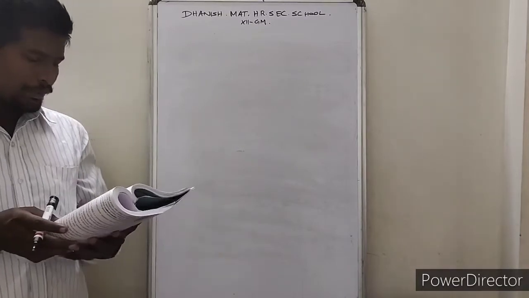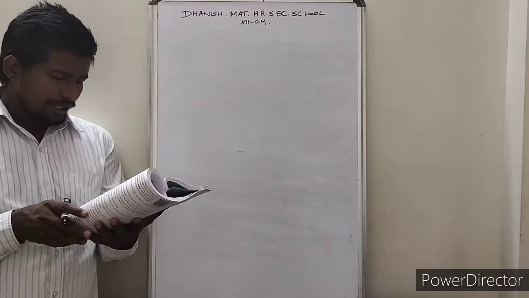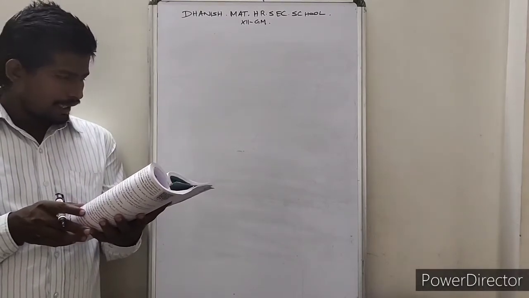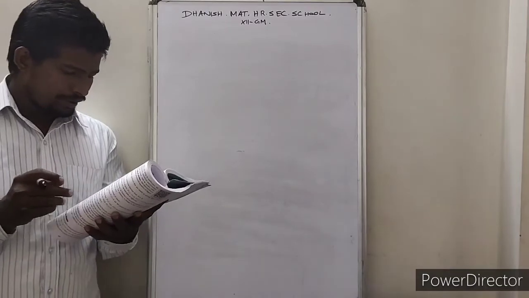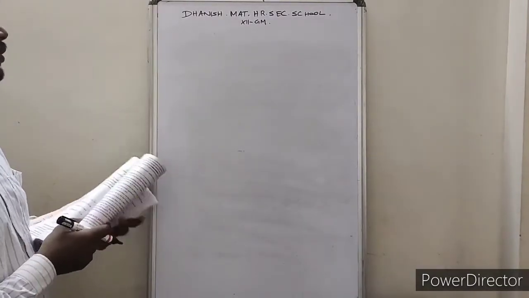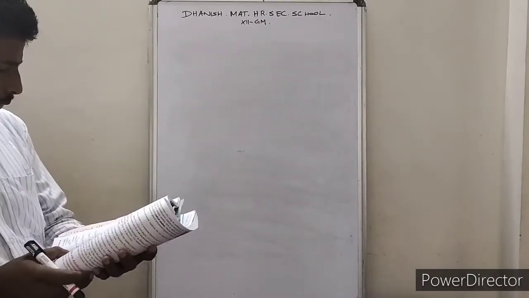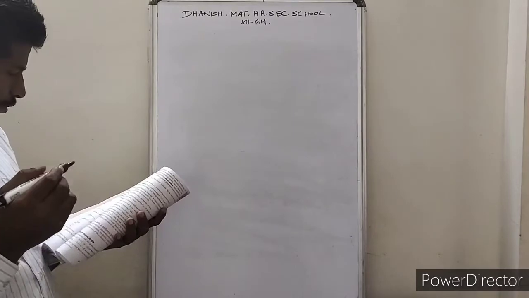Find a polynomial equation of minimum degree with rational coefficients having 2 plus root 3i as a root. Here we are going to find a polynomial equation of minimum degree with rational coefficients. For that, what is given?